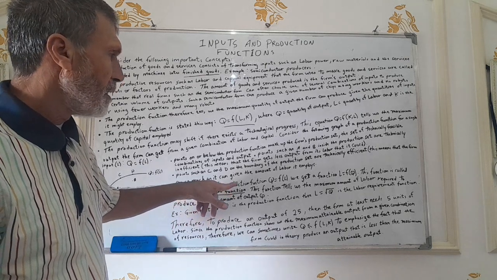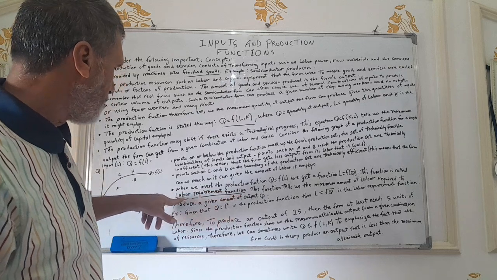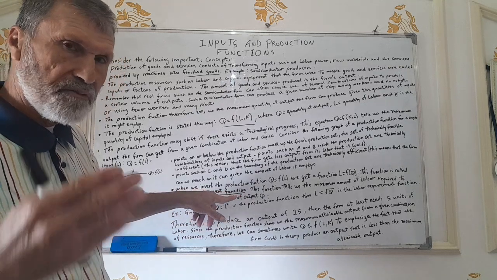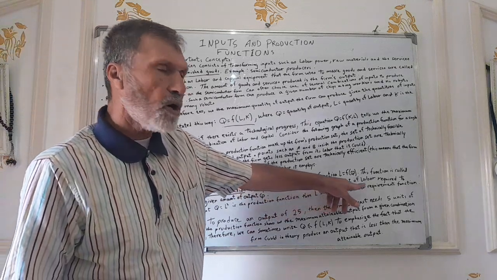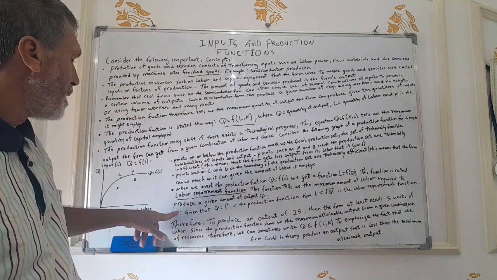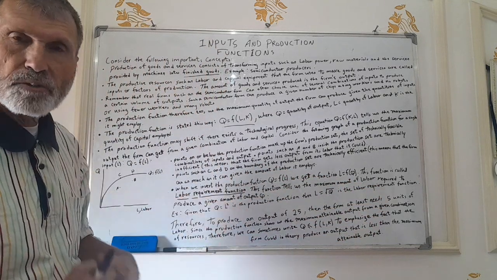When you invert the production function, it gives us the maximum amount of labor required to produce a given amount of output Q.